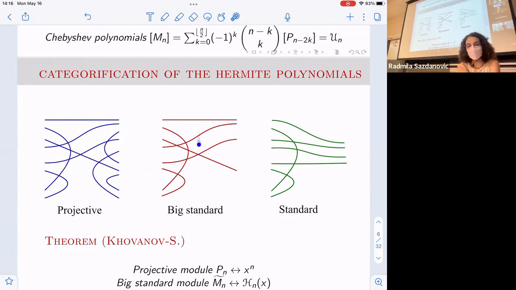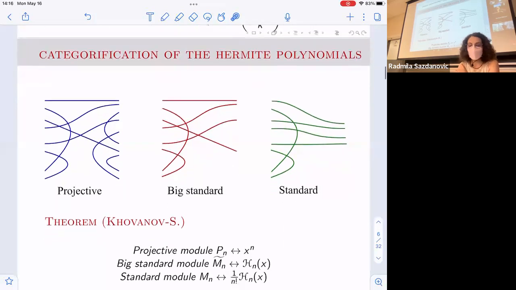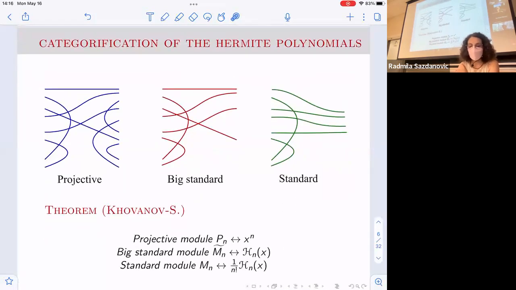You allow only crossings between through strands, and then you don't allow crossings between through strands. And so the game that you're playing is similar: in this decategorification by taking the Grothendieck ring, projective modules would correspond to the monomials, and the so-called big standard modules correspond to Hermite polynomials.